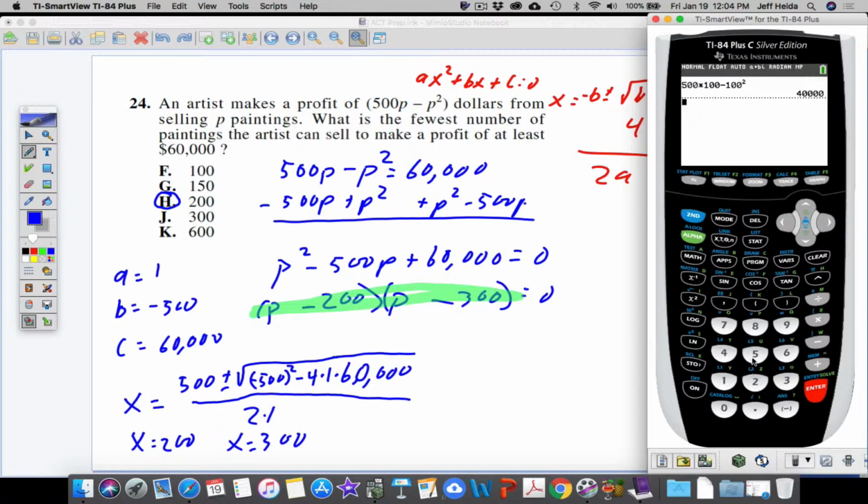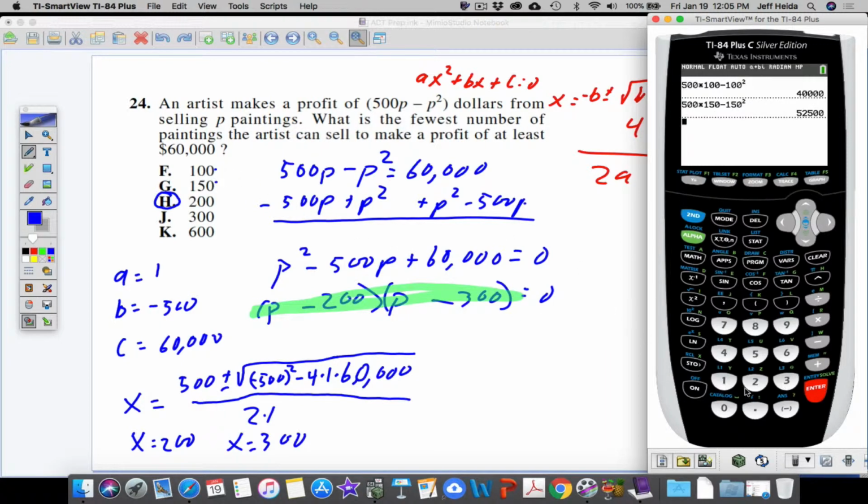So let's do 500 times 150 minus 150 squared. 52,000, that's closer. I'm picking these numbers from over here.